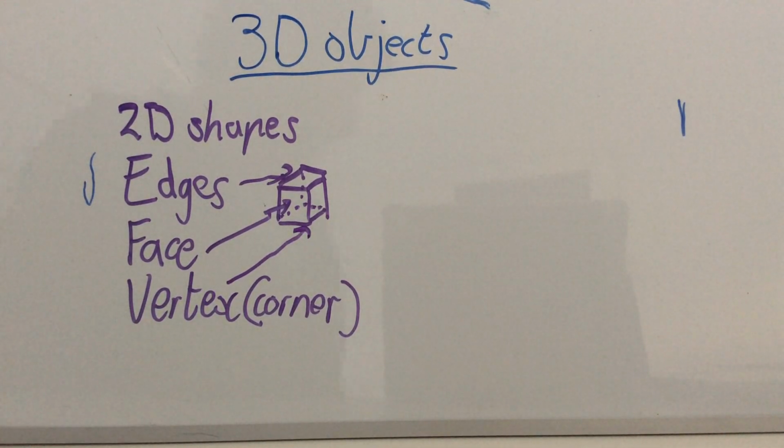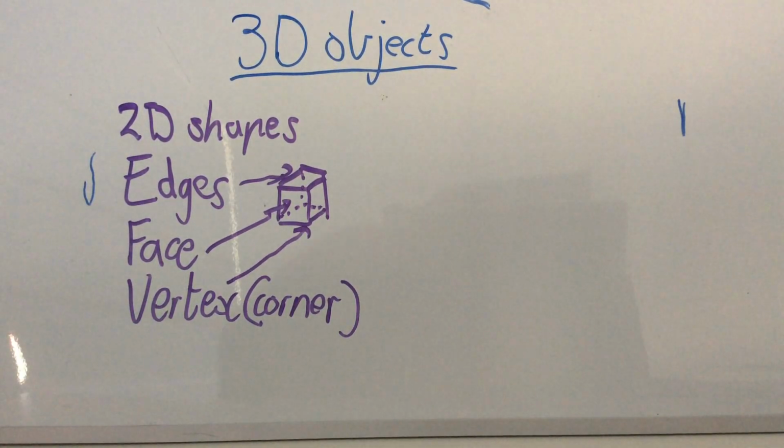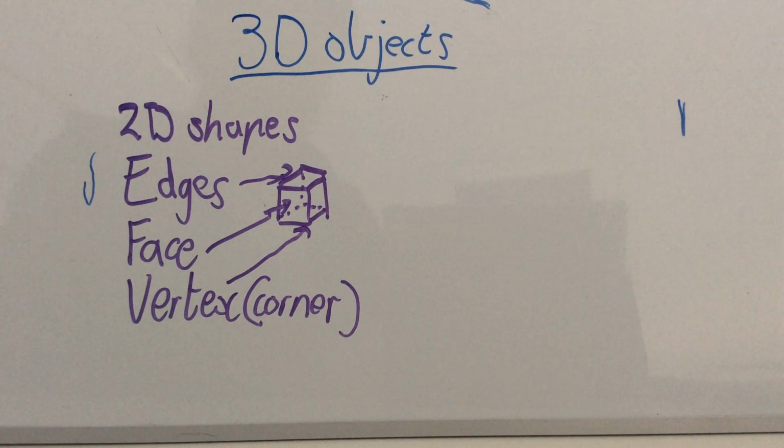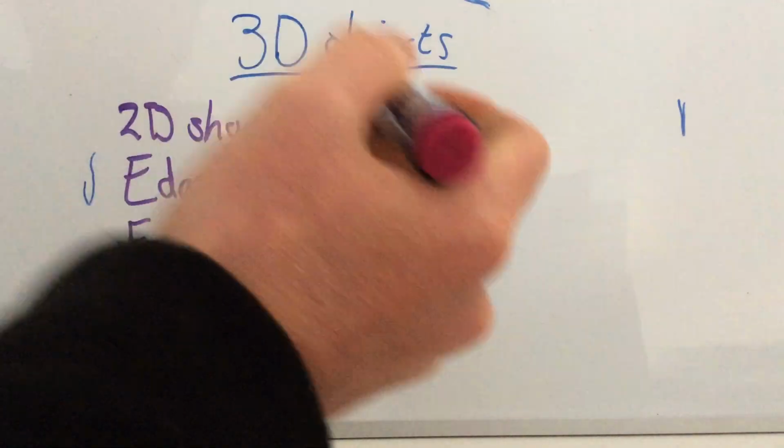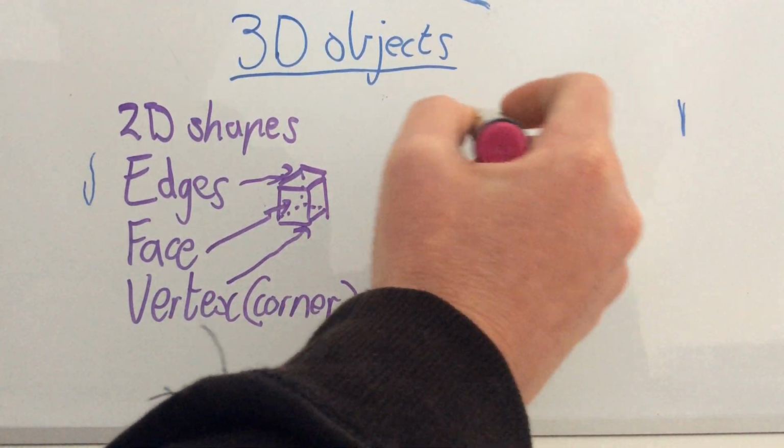Okay, so they're probably the 3 ones that we'll use the most, but there are a few other ones. If you think of other shapes that you've seen or used, you'll notice that we have shapes like this.